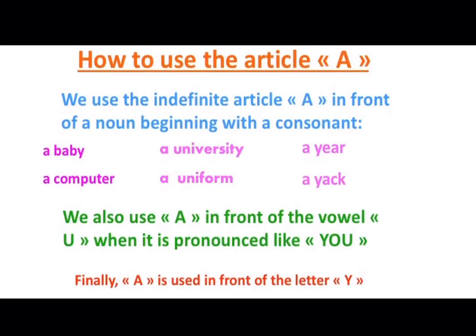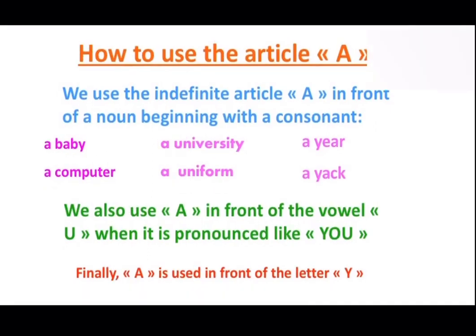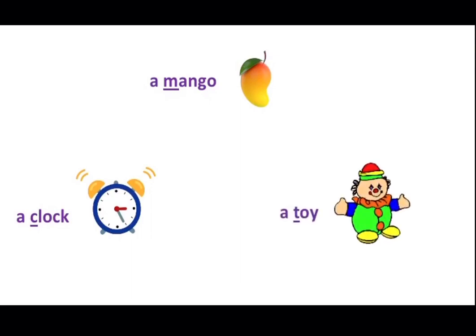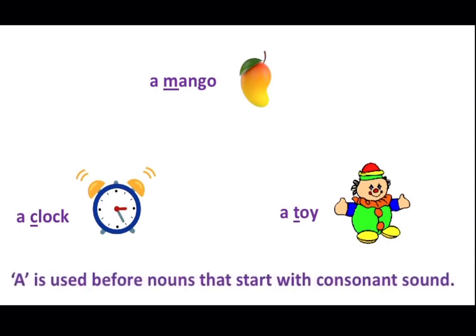That's why we have used a university, a uniform, a year, a yak. Let us look at some more examples. A mango, a clock, a toy. So children, a is used before nouns that start with a consonant sound.